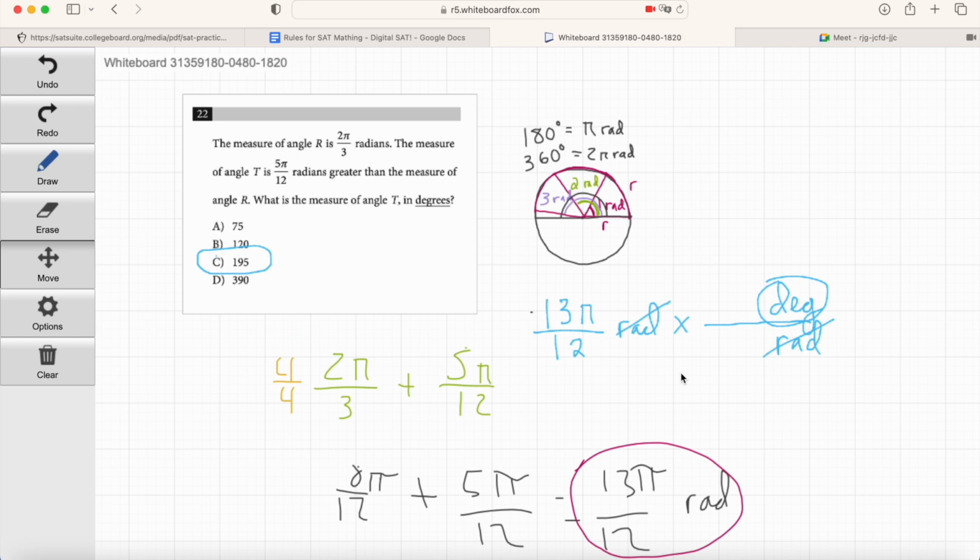As long as the value of the degrees up here equals the value of the radians, we're good, because anything divided by itself is 1. So when we multiply by that unit conversion, we're just multiplying by a form of 1. We're not changing the value of this fraction, just the way it looks. So tell me, how many degrees are there in a radian, or how many radians in a degree? As long as they're equal, we're good.